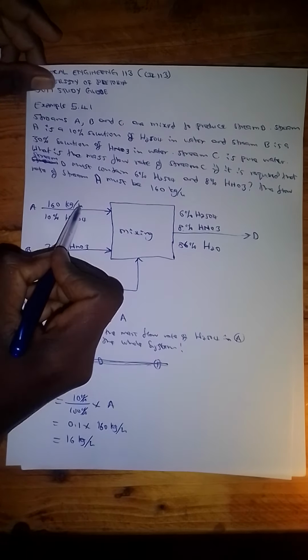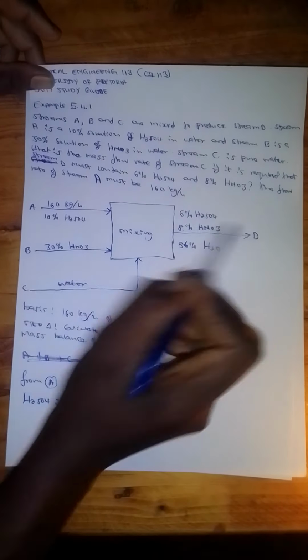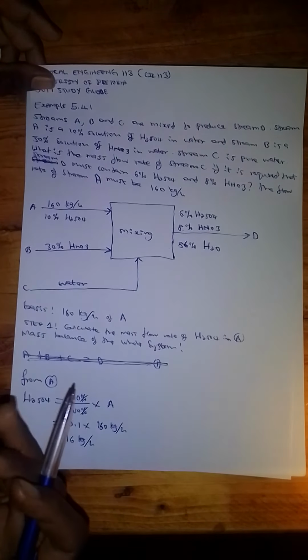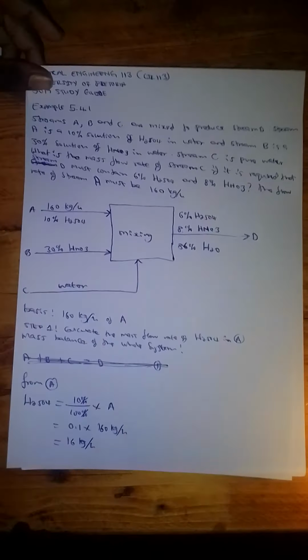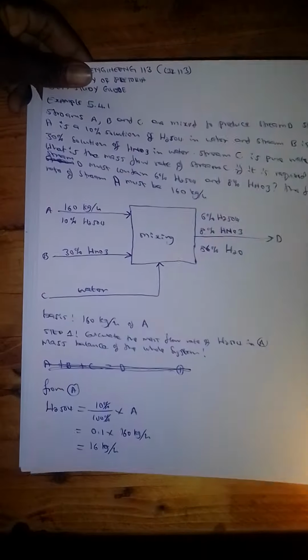All H2SO4 in A equals the H2SO4 in D, and we have the mass analysis of both A and D, so it shouldn't be a problem. Step 2 is calculate the flow rate of D, our product stream.